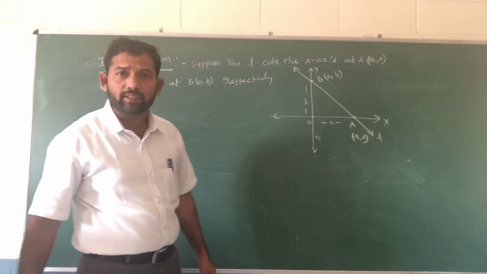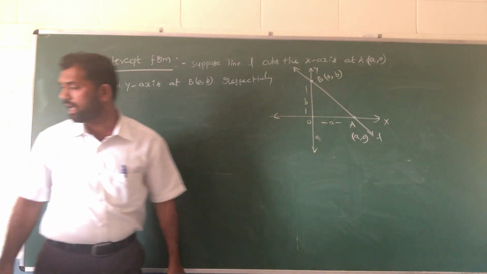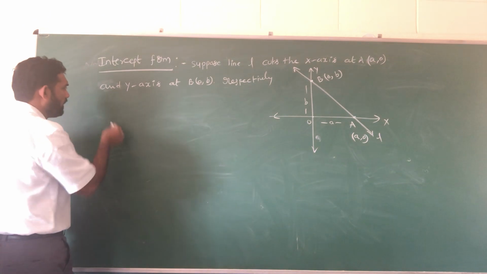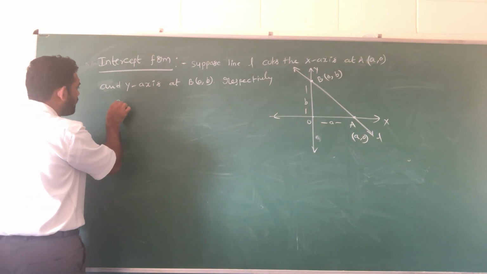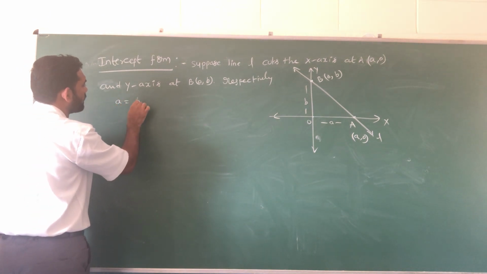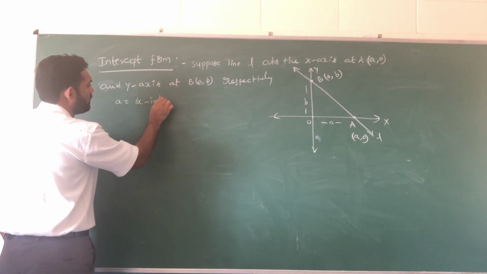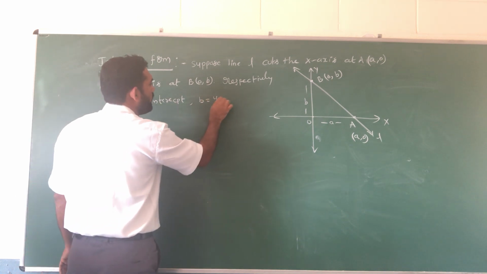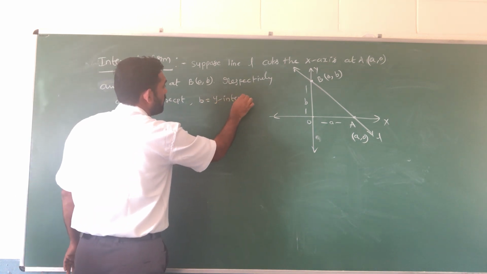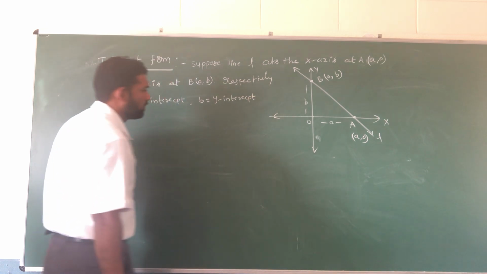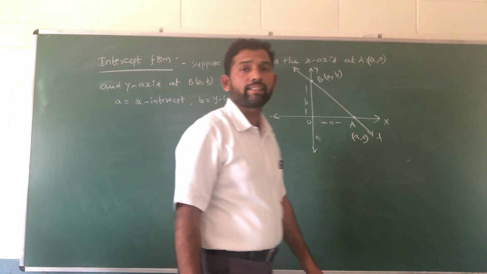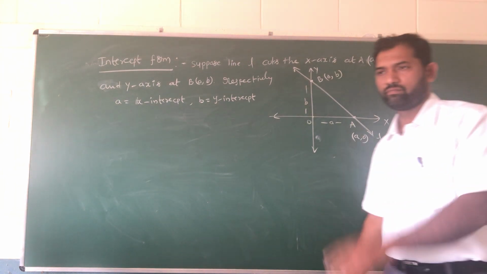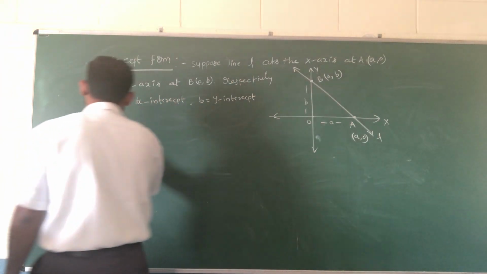You know that already: A is equal to x intercept, B is equal to y intercept. According to the previous concept, here x intercept value is A and y intercept value is B. Remember this point.